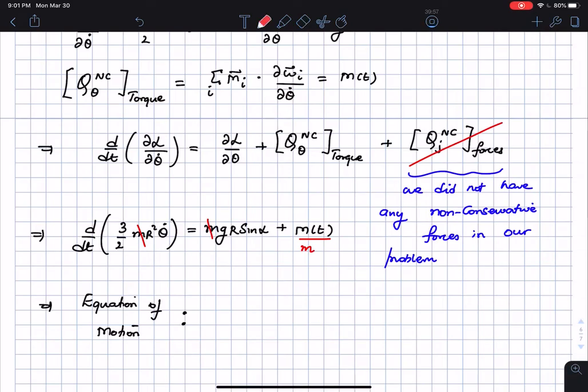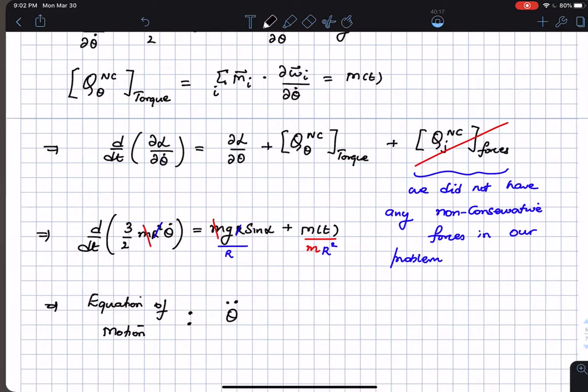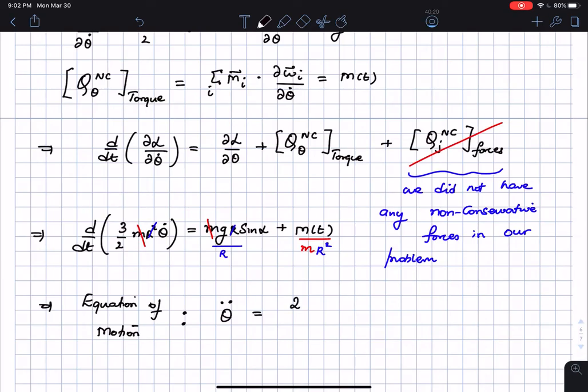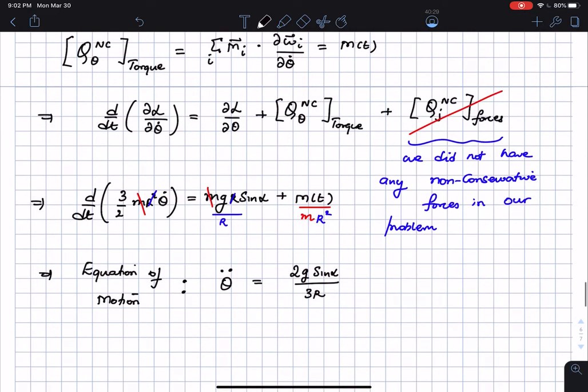If I cancel off r, this is going to be divided by r, and then there is going to be m r squared there, which implies that my equation of motion is going to be the following: theta double dot, and if I multiply through by 2 by 3, then theta double dot is equal to 2g sine alpha by 3r. The factor of 2 gets cross multiplied, plus I'm going to have 2 by 3 m r square times m of t.